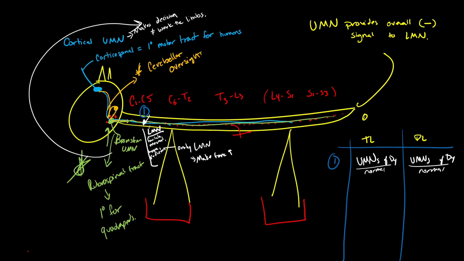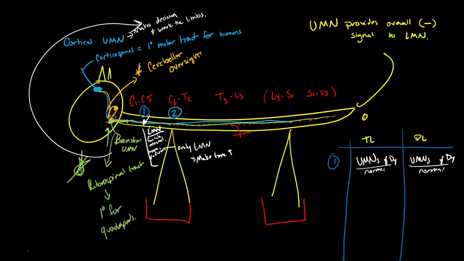Because sometimes you just don't have enough damage to damage the inhibitory signal enough that it shows up clinically. This is all a spectrum in terms of damage. Now, that was a lot of information to kind of set us up for the next few lesions. So if we start now, we'll move to lesion 2.